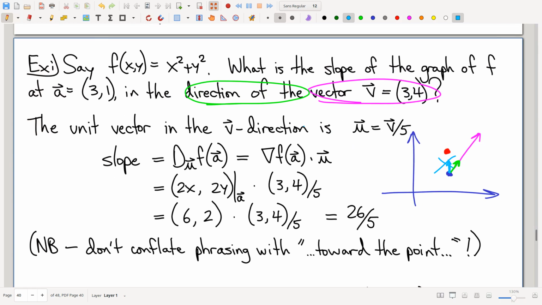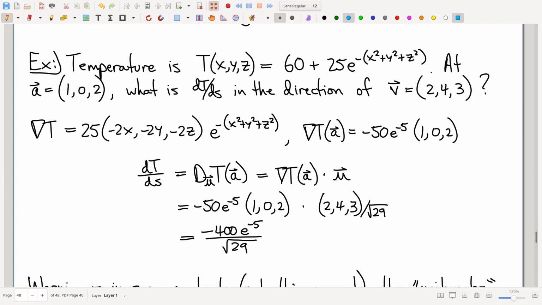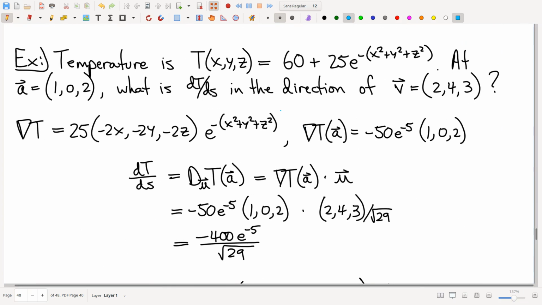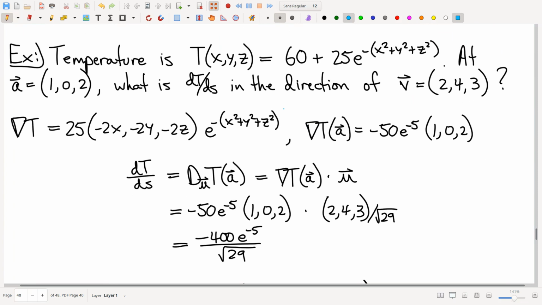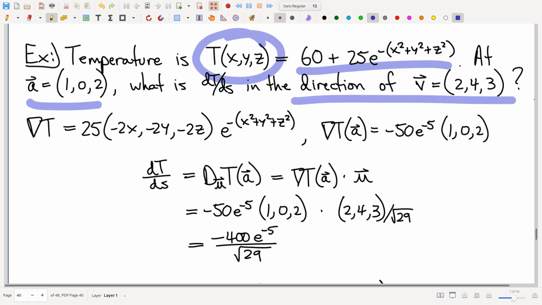Okay, the next example is, frankly, pretty similar. I'm going to go through this one also pretty quickly. Slightly different scenario. Here we're looking at temperature as a function of position. Again, given function, and again, we're at a certain point, moving in a certain direction. Again, it's not a unit vector, so divide by the magnitude to make it a unit vector, just like the previous.